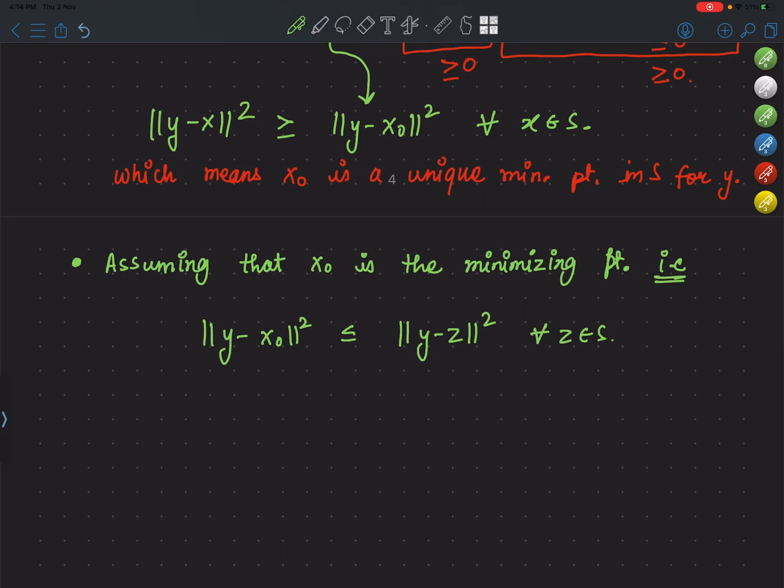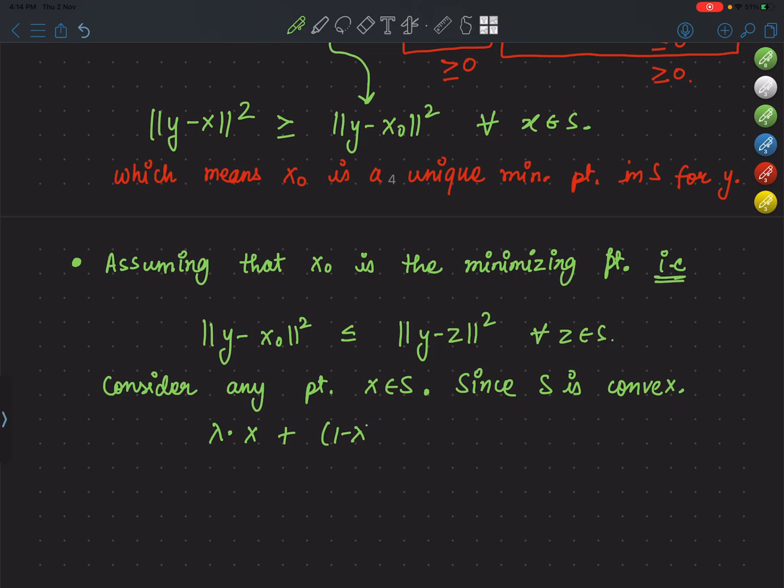Now consider any x. Consider any point in y. Consider any point x which is in S. Now since S is convex, the set of points lambda x plus (1 minus lambda) x naught also belongs to S if lambda belongs to [0, 1].